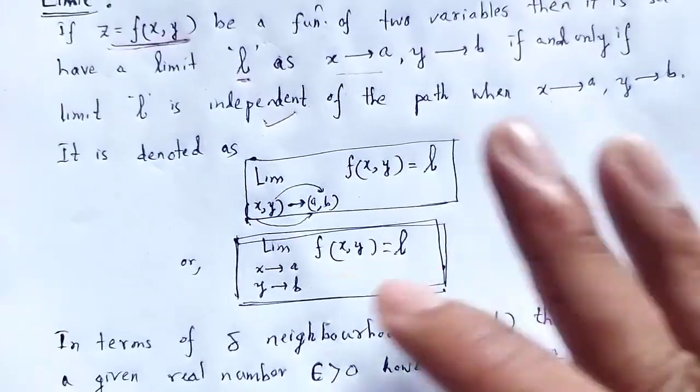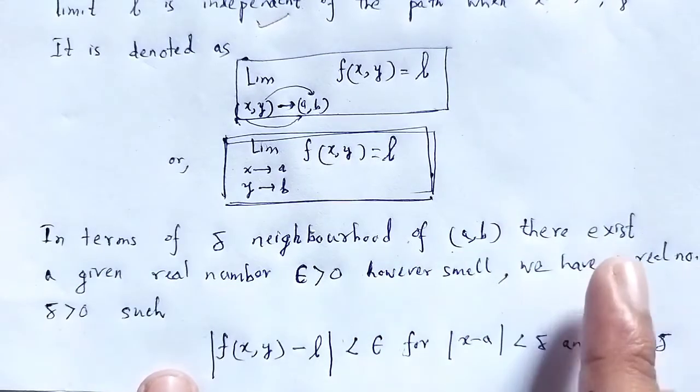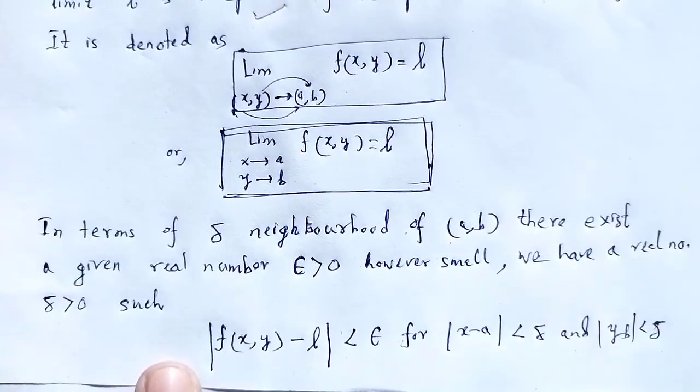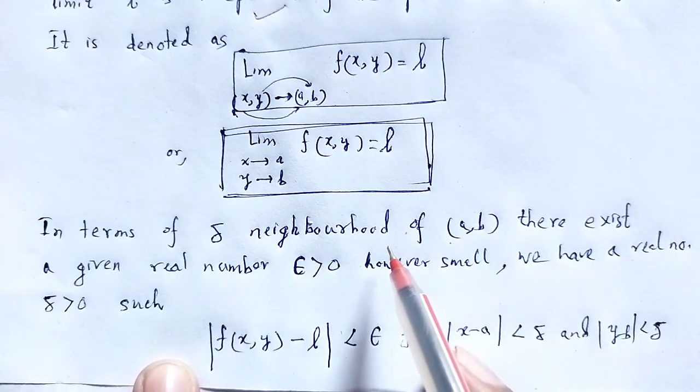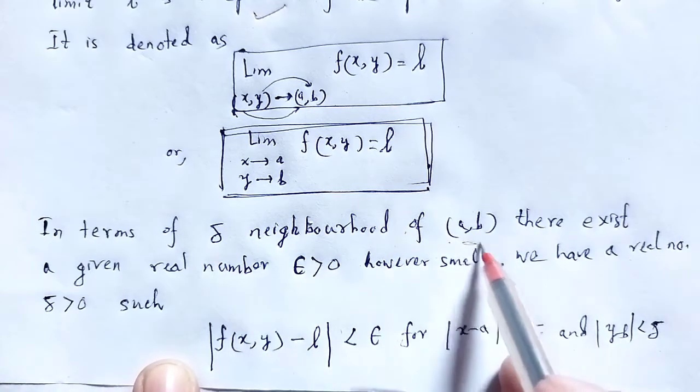So we can define the limit in terms of delta neighborhood of (a, b).